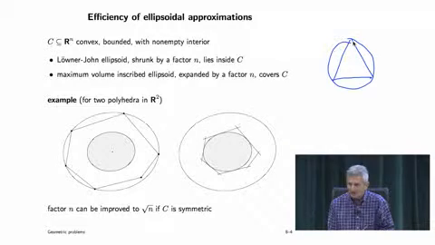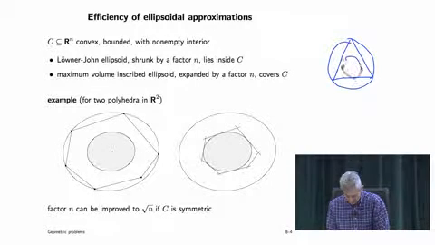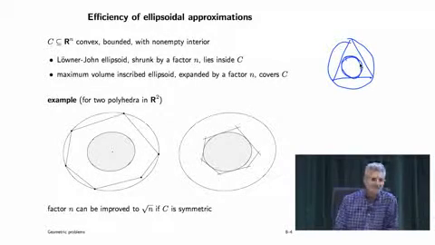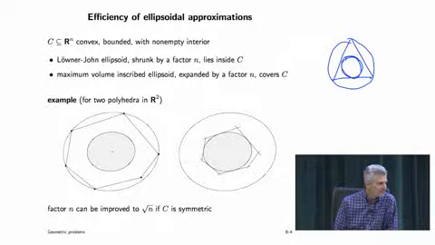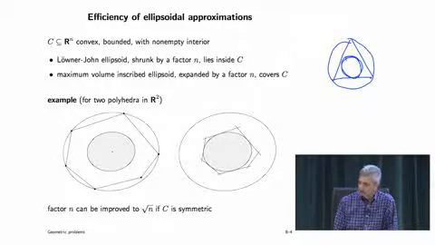There's your minimum volume ellipsoid, it's a circle. There it is. And in this case, guess what? You have to shrink it exactly by a factor of n before it fits inside. And that tells you that this factor of n cannot be improved. Okay? So the least ellipsoidally approximable convex set is a simplex.